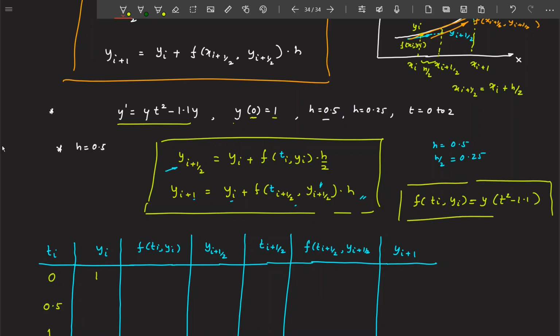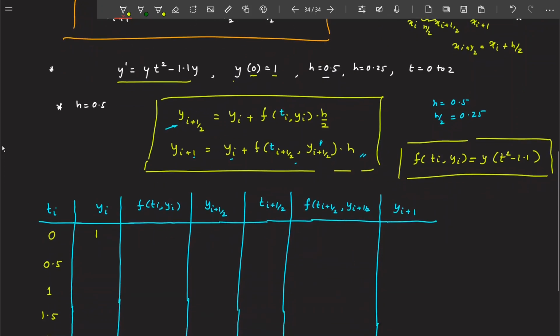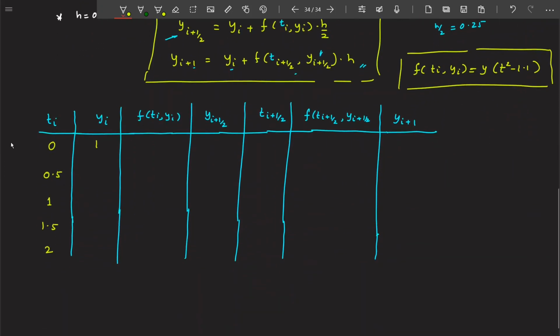So these are the two formulas that we are going to rely on to complete this table. Now you're going to substitute the values 0 and 1 in this equation. I won't actually substitute, I hope you know how to do this. You'll find that the value of f that you're getting is minus 1.1.